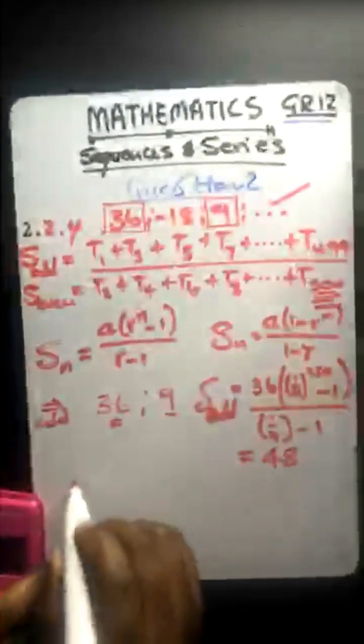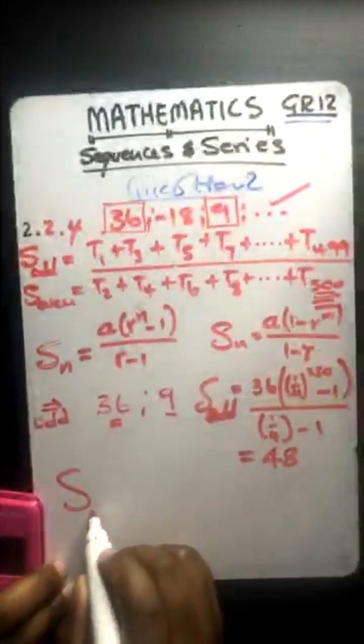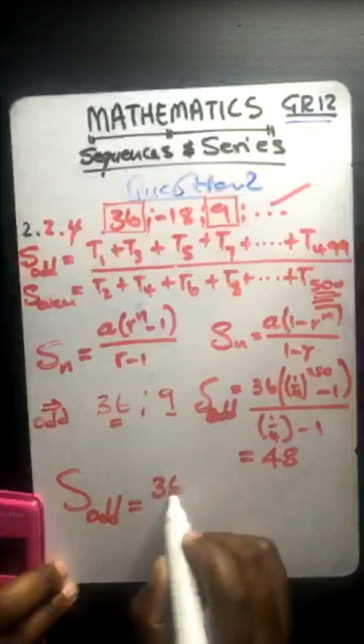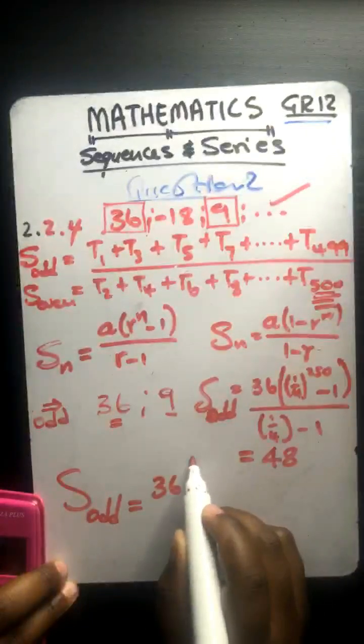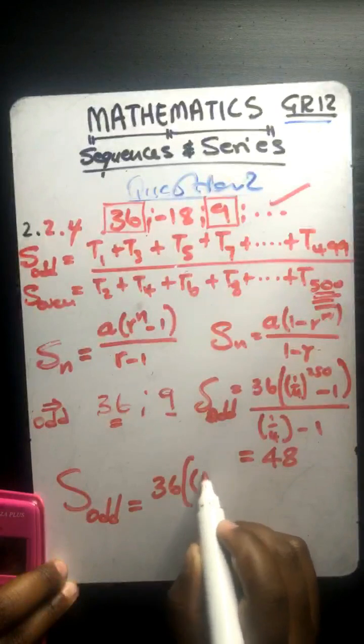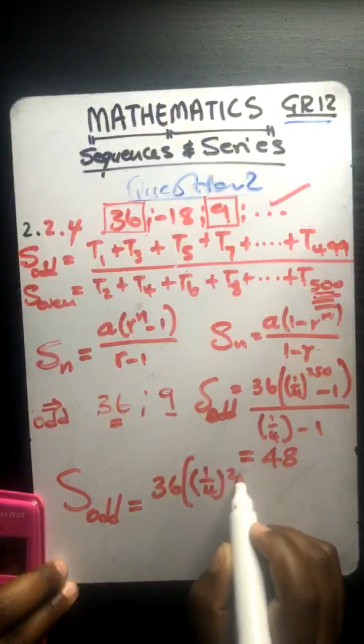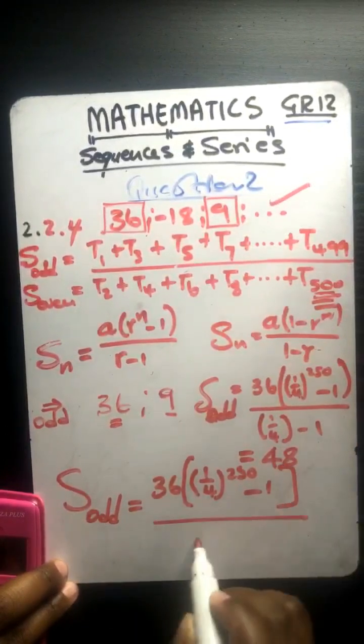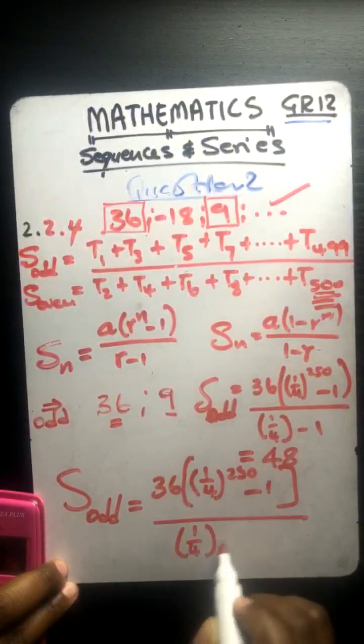Maybe let me write it big. I'm very surprised that you guys are still punching there. This is 36, you are having 1 over 4, 250 minus 1, you close, over 1 over 4, close, minus 1.